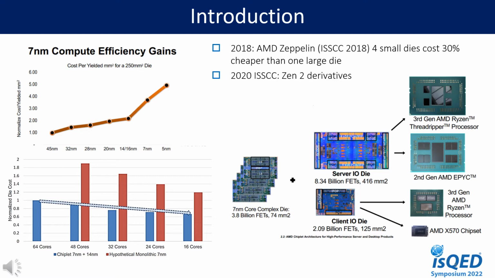At the same time, as you can see from the figure, the cost per mm² of yielded silicon doubled from 16 nanometer to 7 nanometer and going forward. Therefore, heterogeneous integration through die disaggregation is a promising solution, where multiple smaller dies, also called chiplets, work seamlessly together when assembled in a bigger package.